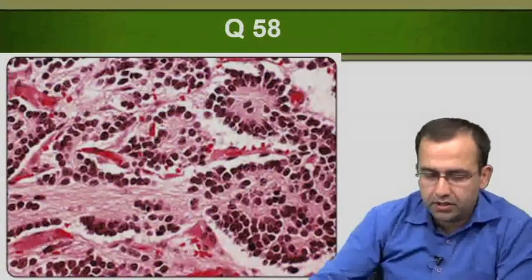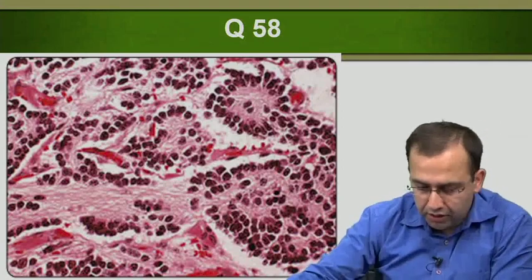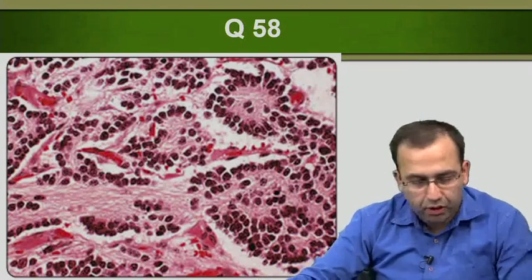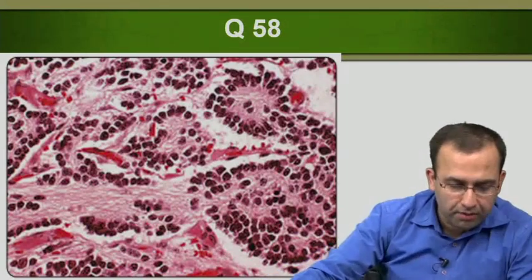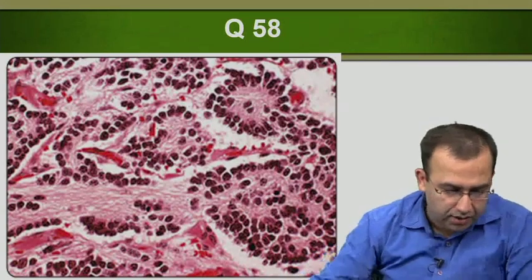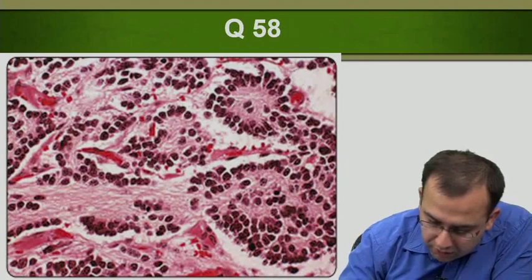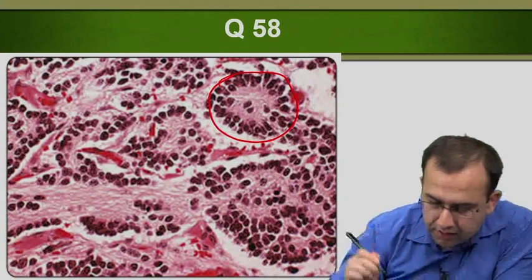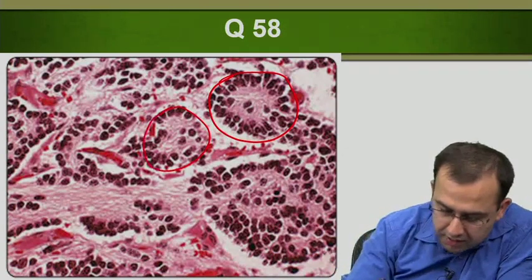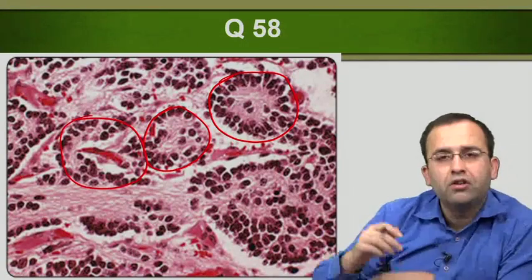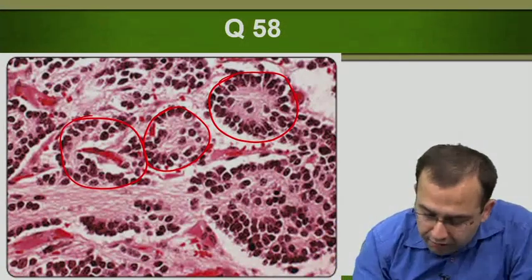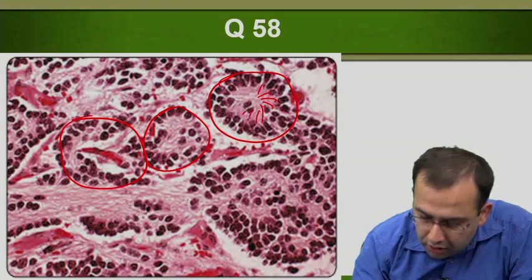Next, 58, diagnosis. This is a spotter, a repeat question that has already been asked in the paper. What you see here is the presence of rosettes of cells. These are small round cells present in a rosette-like pattern. A rosette is a round arrangement of cells with a central neuropil.